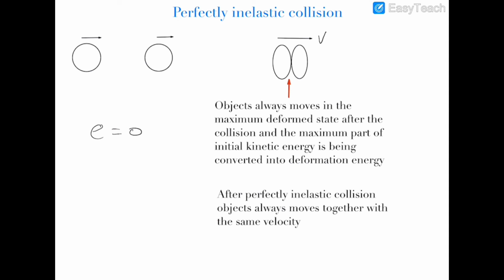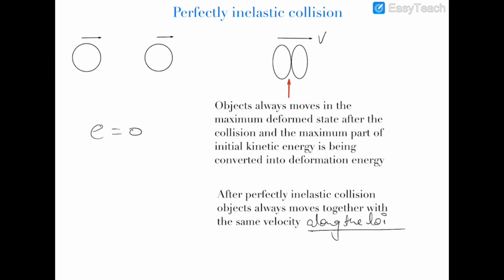Now this is a perfectly inelastic collision, and in this collision the objects always move with the same velocity along the line of impact. It is very important to note that they move with the same velocity along the line of impact. So this is the physical proof of perfectly inelastic collision, and in this type of collision the loss of kinetic energy is highest.